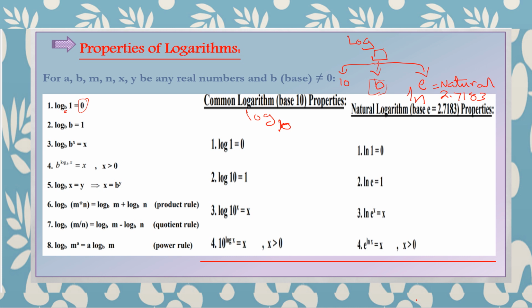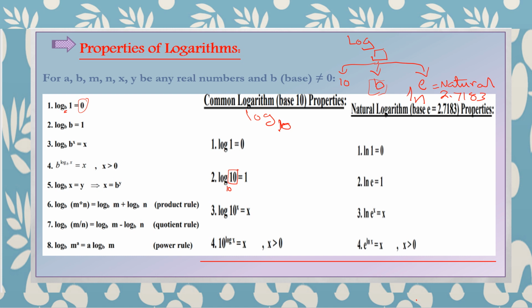If we don't write the base for the logarithm, this means the base equals 10. So the logarithm of 1 equals 0, and the logarithm of 10 equals 1, because the base of the logarithm is 10, so log 10 of 10 equals 1. When the base of the logarithm is the same as the number, the logarithm equals 1.